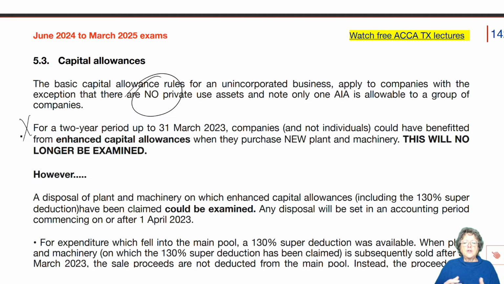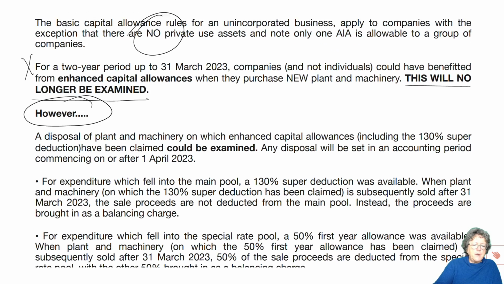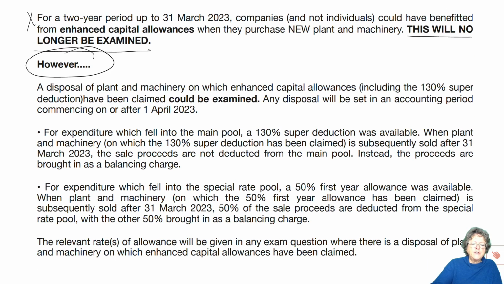Now that's gone. So this is no longer examinable. However, that's why it's in bold and in capitals. The disposal of plant and machinery on which the enhanced capital allowances, the 130% super deduction, has been claimed could be examined. It might not be, but it could be. So I'm going to go through the various notes here.